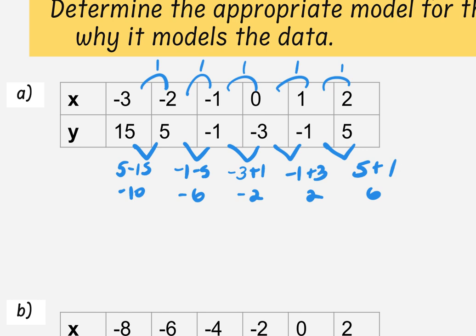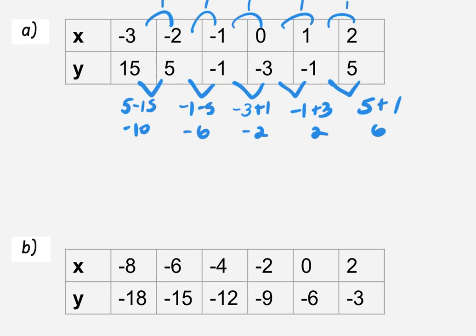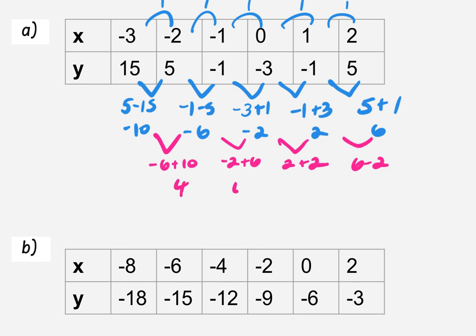That's the first difference. Now I go to the second difference. I go -6 minus a -10, which becomes +10. -2 minus a -6, which becomes +6. 2 minus a -2 becomes +2. And 6 minus 2. And this is 4 and 4 and 4 and 4.